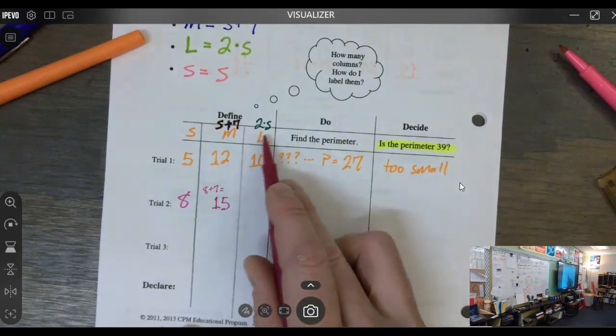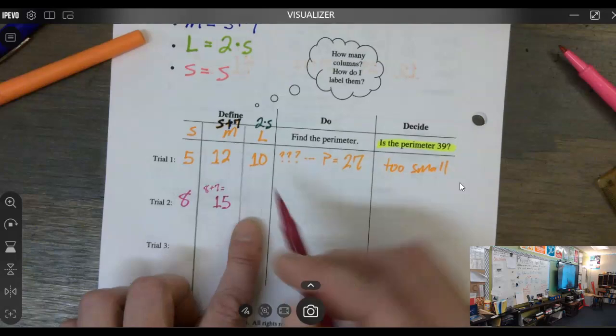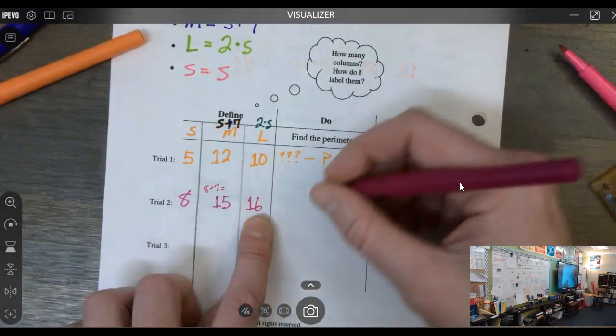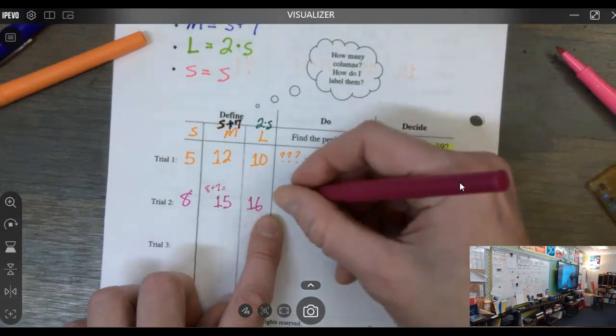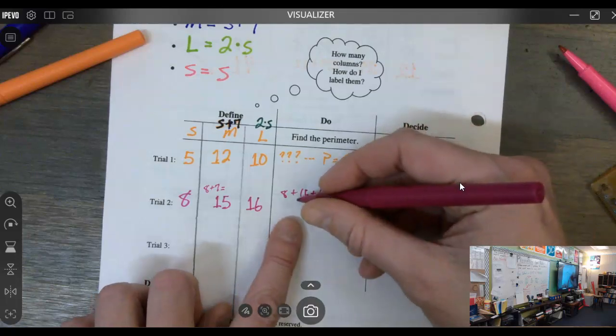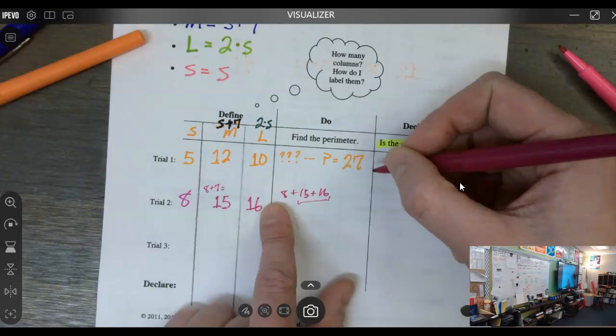And then double our guess of 8. 16. So then, if we're going to add up to find the perimeter, 8 plus 15 plus 16. Well, I know this together is 31. Plus another 8.